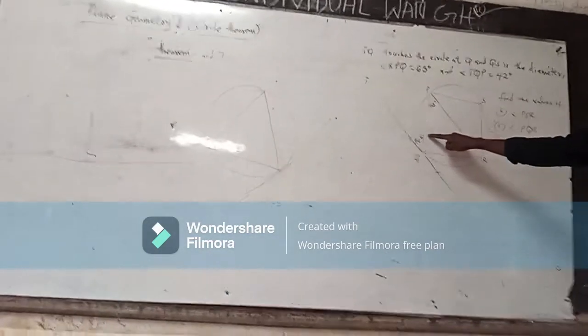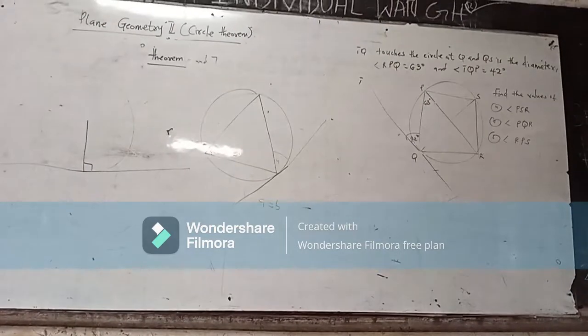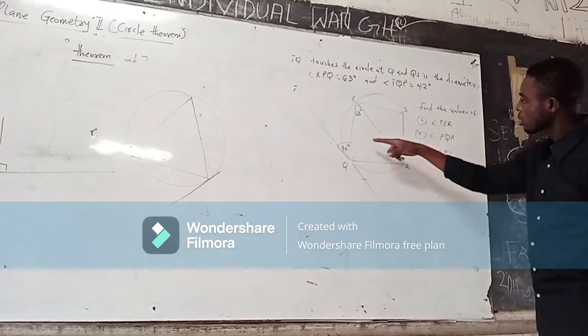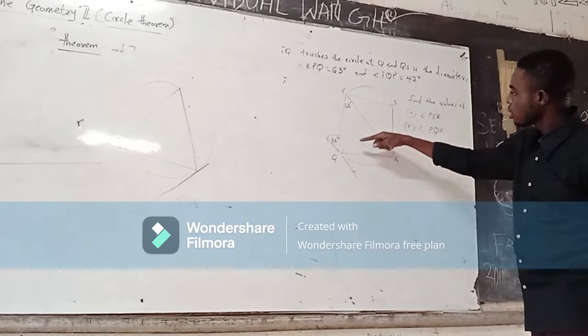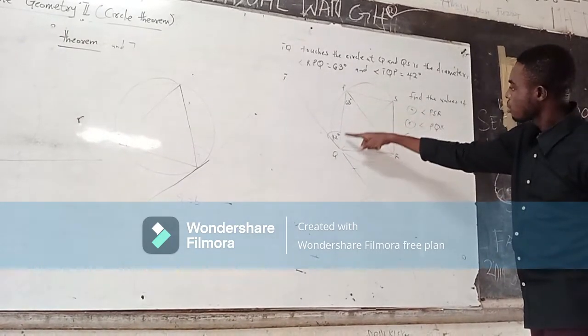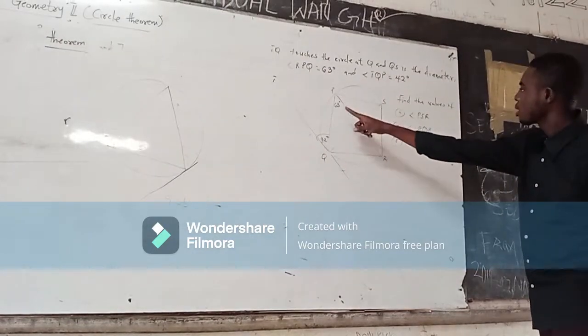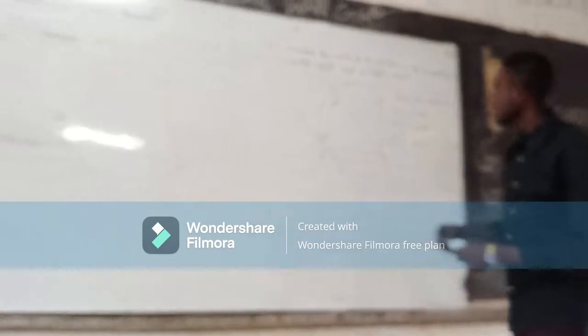PQR means all the angle that is formed here. We have already found something here.